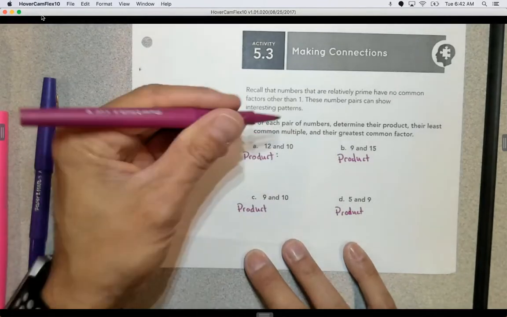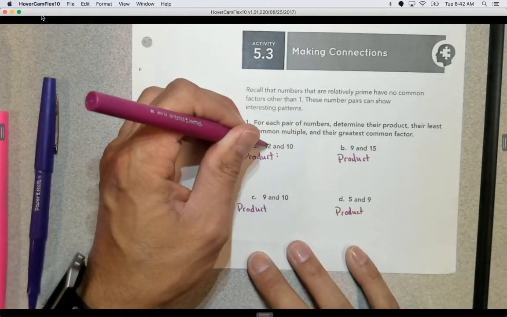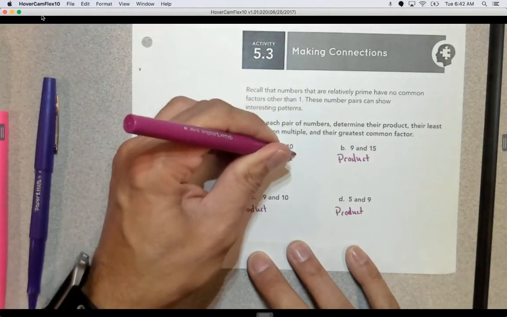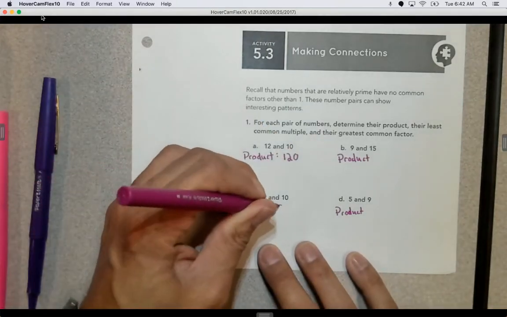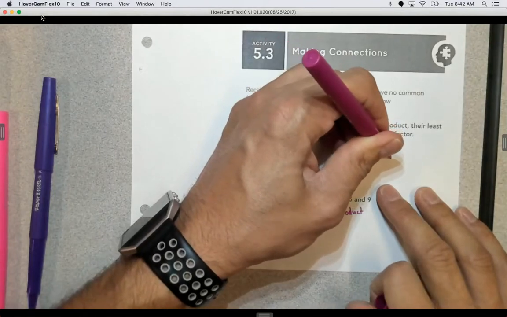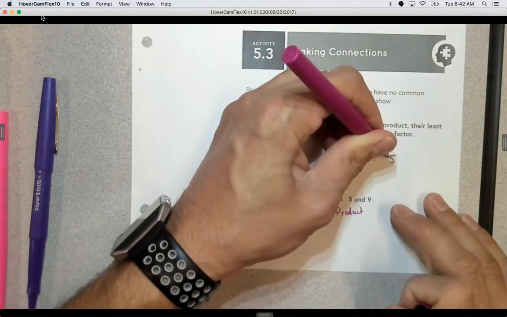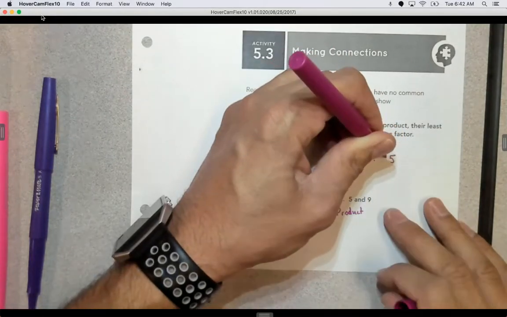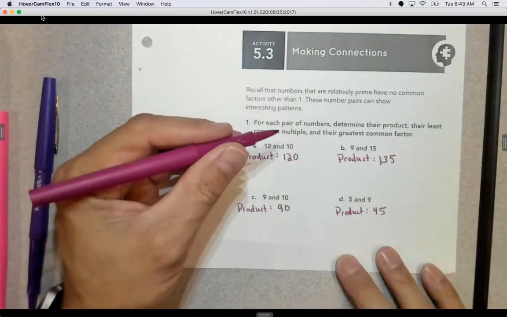And for 12 and 10, it would be 120. For 9 and 10, it would be 90. For 9 and 15, it would be 135. For 5 and 9, it would be 45. The next one is the least common multiple.